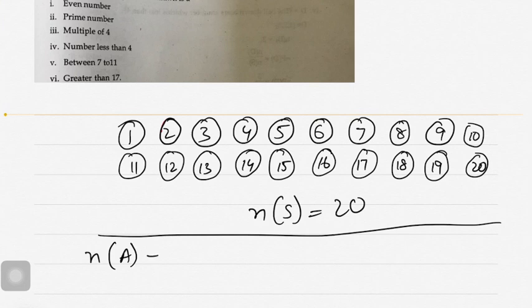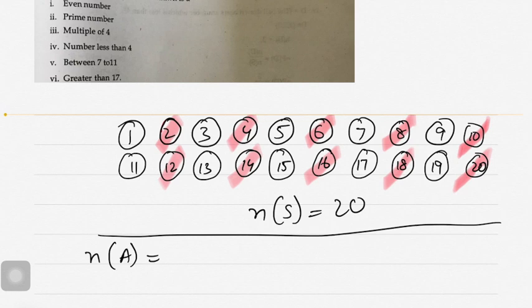Which is your first event. So your n of A, which is the first event, is even number. So it is an even number. Okay, so let us select all the even numbers. 2, 4, 6, 8, 10, 12, 14, 16, 18, 20.